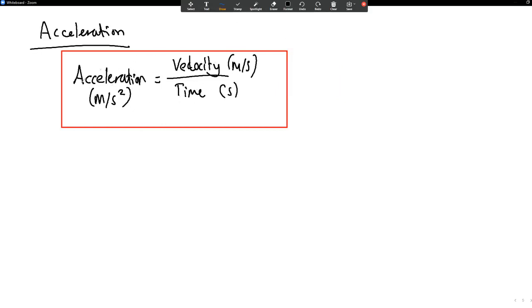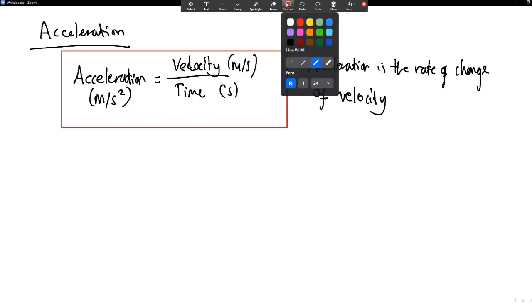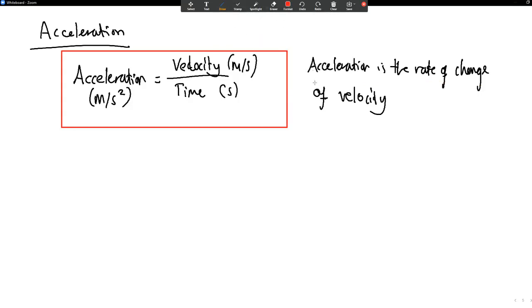Okay, so now what we can do is observe this in the same way and say, well, acceleration is the velocity over time, so the acceleration must be the rate of change of velocity. It might be quite difficult to wrap your head around this initially.